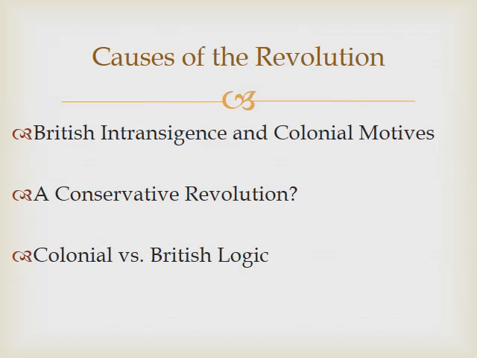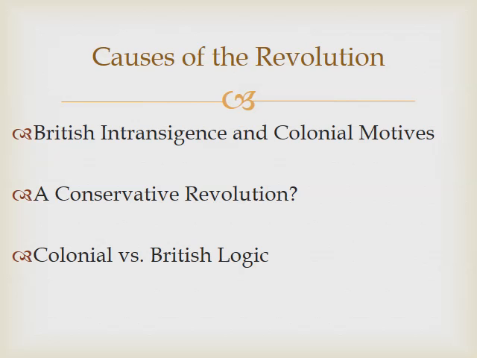Another interesting aspect of this revolution was that it was directed by the rich elite. Men like Benjamin Franklin, Thomas Jefferson, John Adams, George Washington. These were highly successful individuals. Benjamin Franklin was the most famous American, probably the richest person in America at the time.